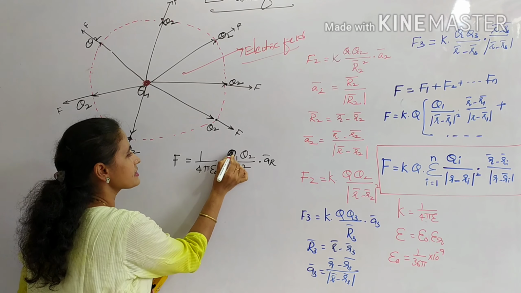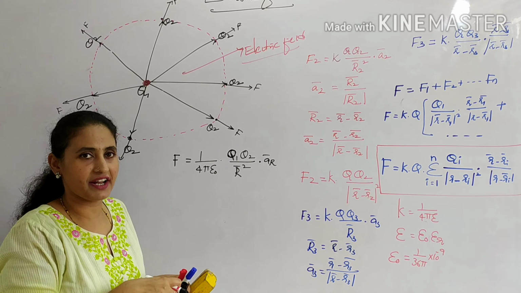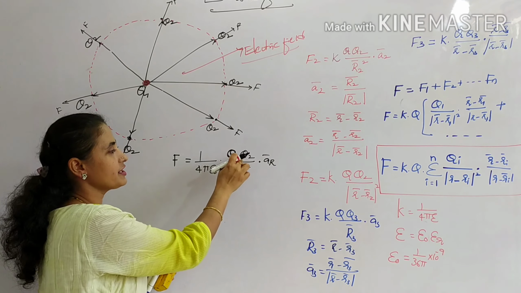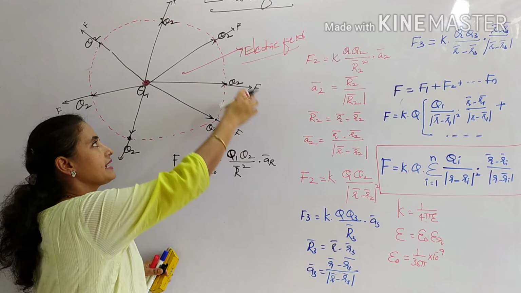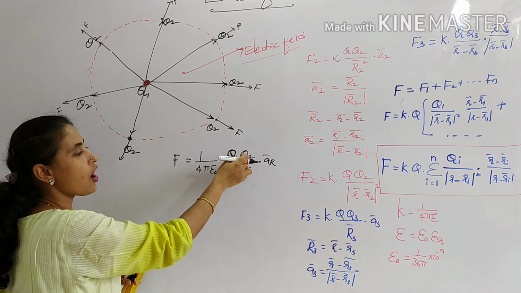Here Q1 is constant, and it shows the force on the charges in its region. Let the charge be Q2 only. Force on Q2.